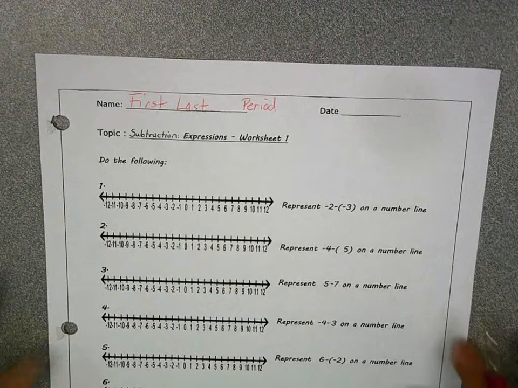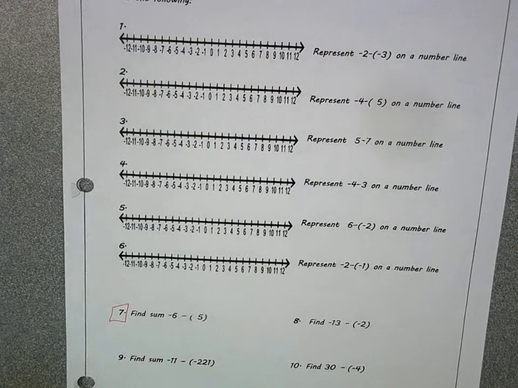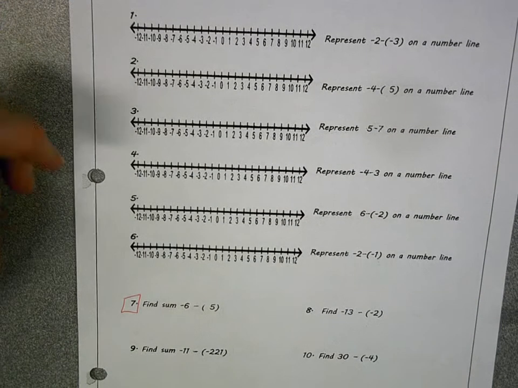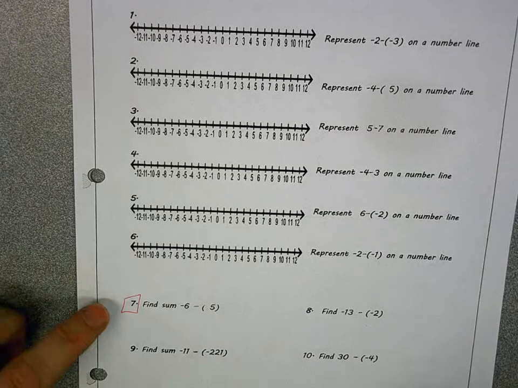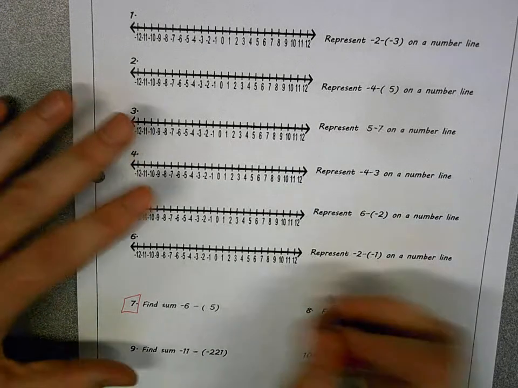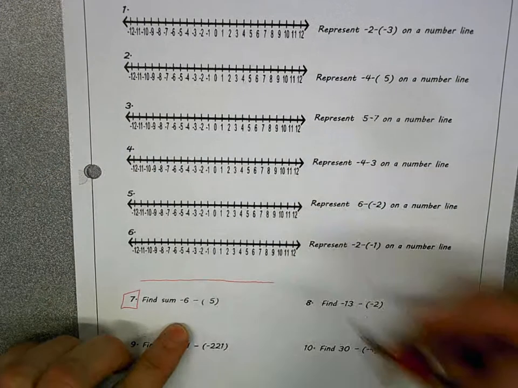Very first problem I want to take a look at, let's go down towards the bottom, problem number 7. On last week's homework, anytime you see a problem without a number line, we're going to need to build it.